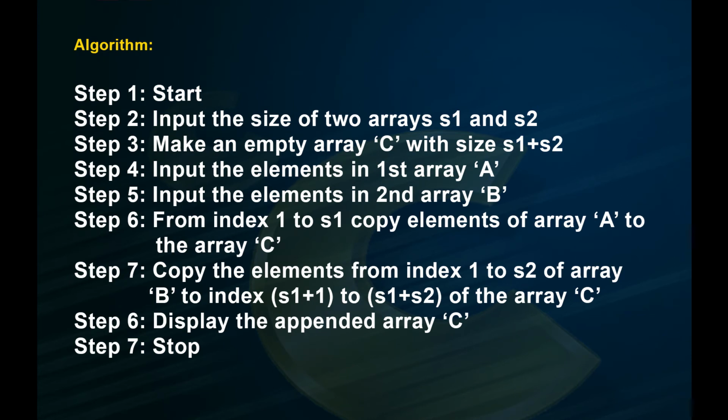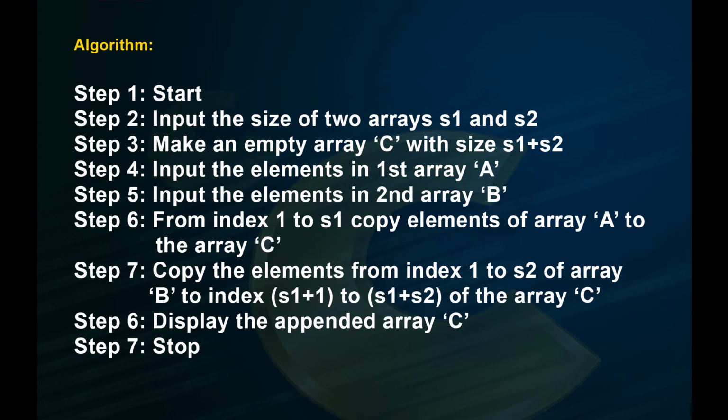Step 1, start. Step 2, input the size of two arrays S1 and S2. Step 3, make an empty array C with size S1 plus S2. Step 4, input the elements in first array, and step 5, input the elements in second array.